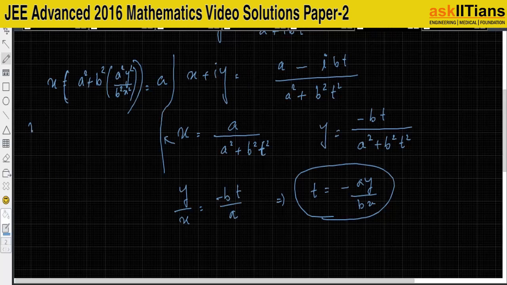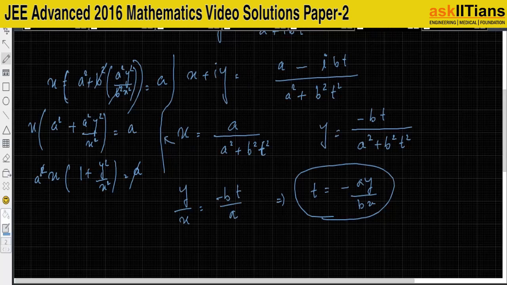Alright, so here I'll get x into a square, b square will get cancelled, a square y square divided by x square, this is equal to a. So this is nothing but a square I can take common, x is outside, so I'll get 1 plus y square by x square equal to a.